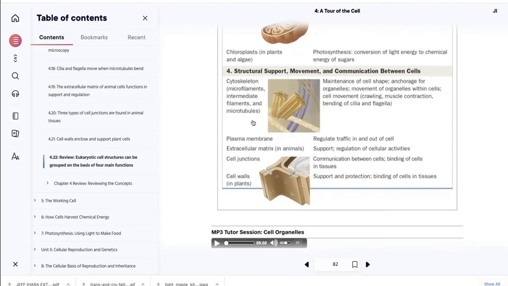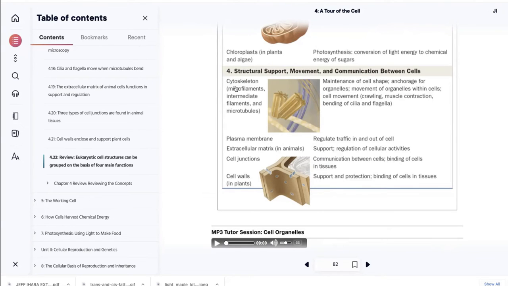And finally, there's the cytoskeleton, okay? I call it a cytoskeleton in my outline, but the book identifies it as structural support, movement, and communication between cells. But we're putting a lot of things in there, and we're not going to be making a big deal out of this, although the concept of a skeleton, right, is something that you normally think of as something that supports your body and it also allows you to move around, right?